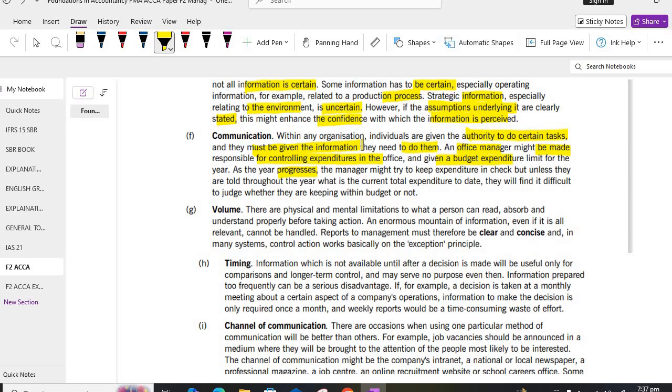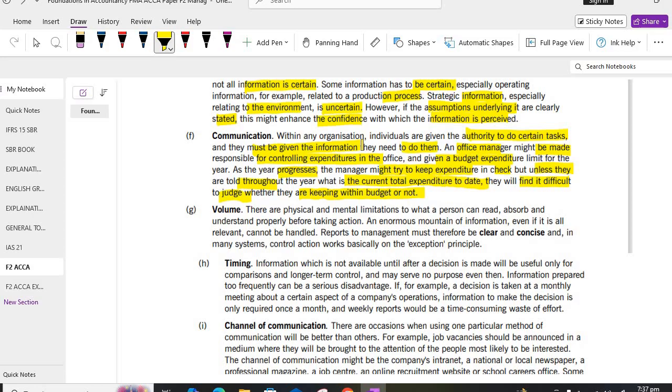As the year progresses, the manager might try to keep expenditure in check, but unless they are told throughout the year what the current total expenditure to date is, they will find it difficult to judge whether they are keeping within the budget or not.